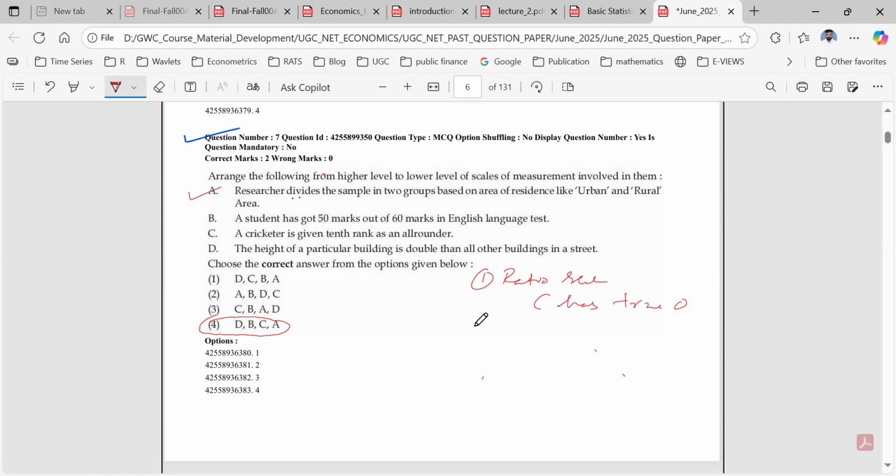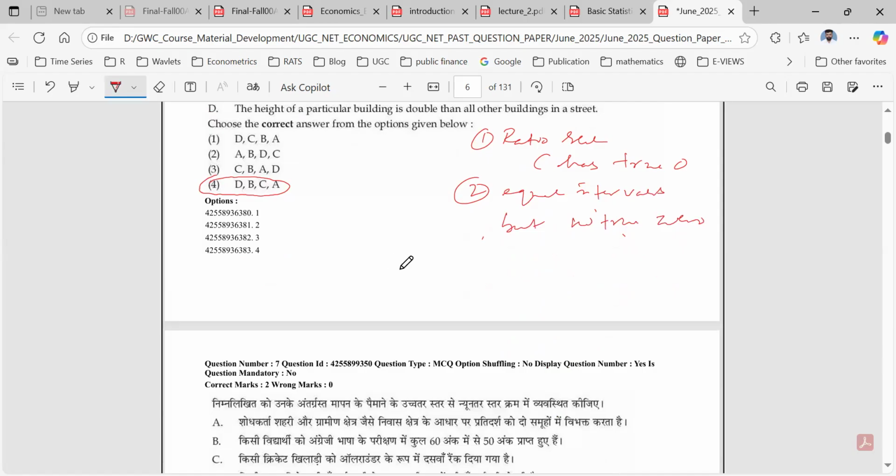Second, in interval scale, equal intervals but no true zero.